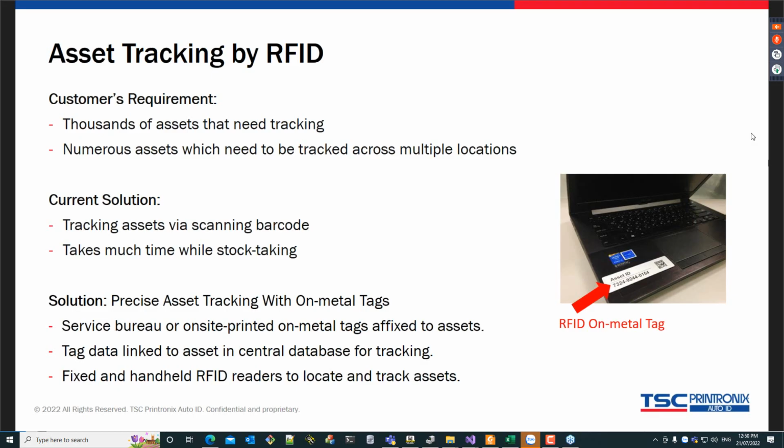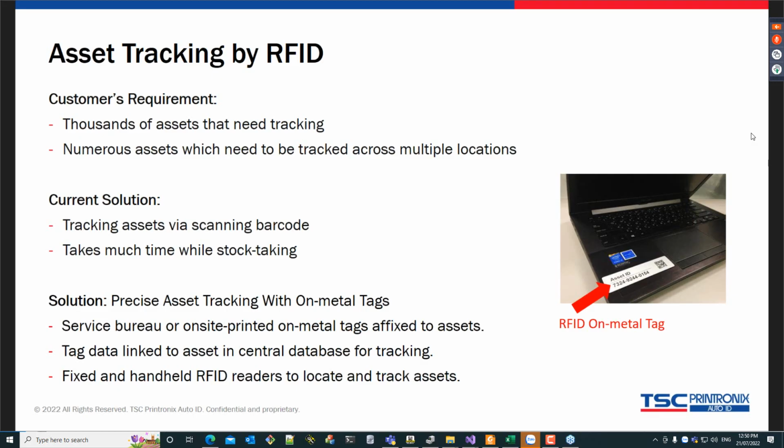So in the past, we just used barcodes to check those assets. With barcodes, it takes the operator lots of time to find the goods. And once they find the goods, they need to scan the barcode and make sure that the barcode has good quality for scanning.